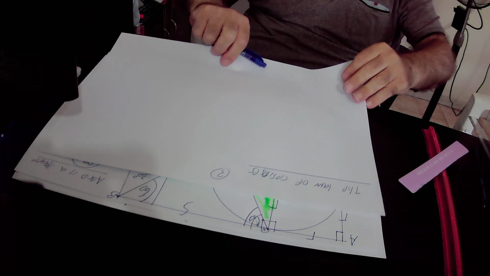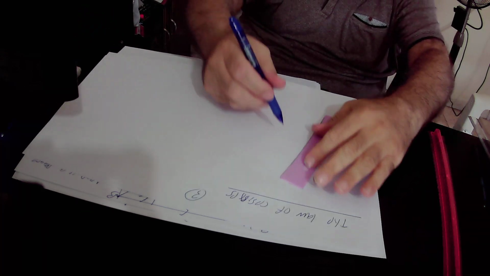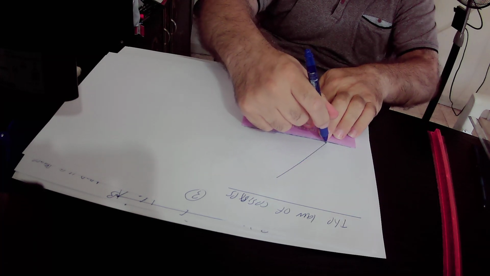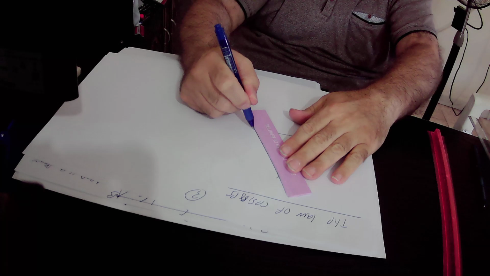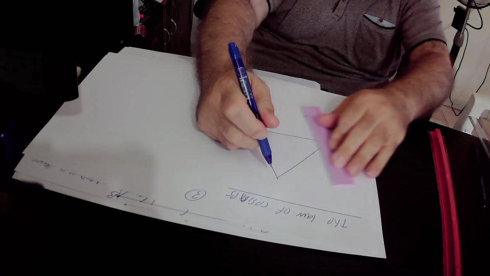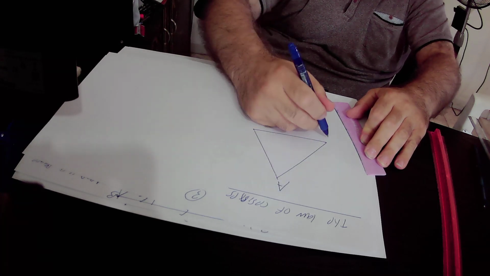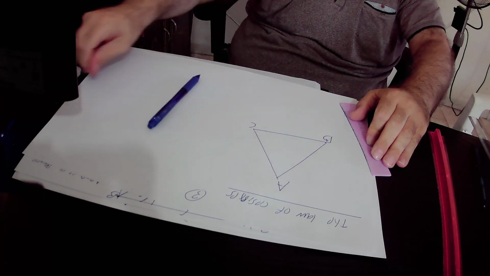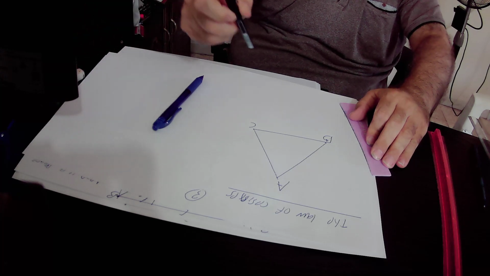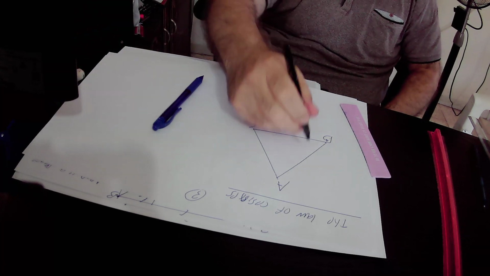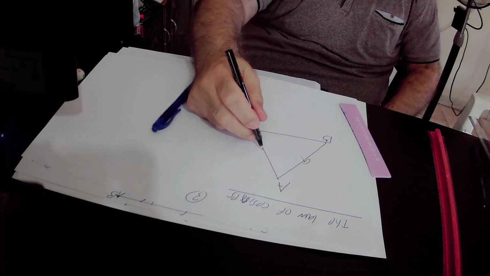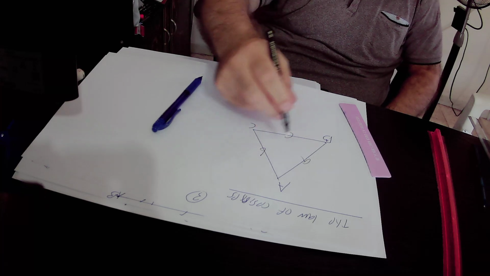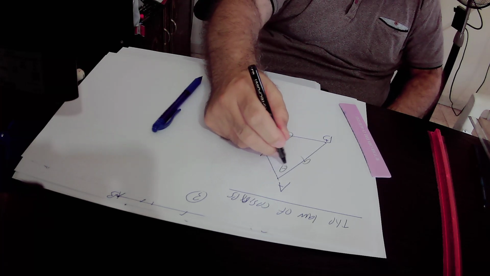If we have triangle ABC, that could be any triangle. The length of side AB of this triangle ABC is A units. The length of side AC is B units, and the length of side BC is C units, and the angle between side AB and side AC is theta.